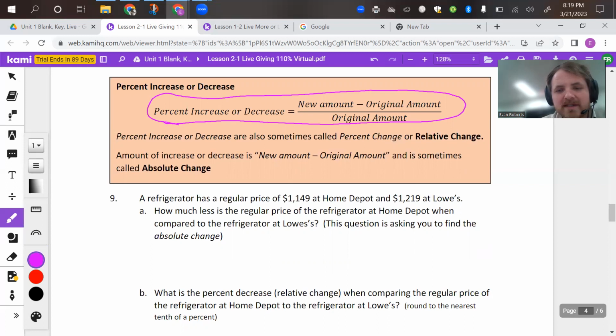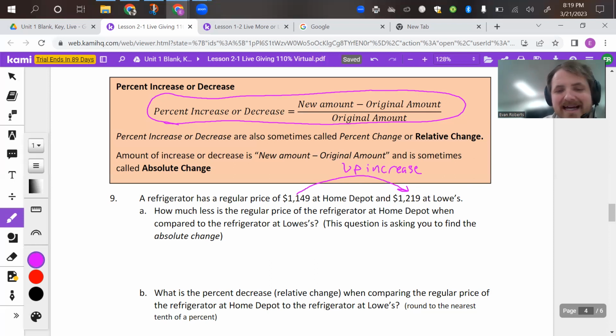But it is important to know what the question is actually asking. So if this refrigerator has a regular price of $1,149 at Home Depot and $1,219 at Lowe's, notice that the price went up. Okay, so it was an increase from Home Depot to Lowe's.